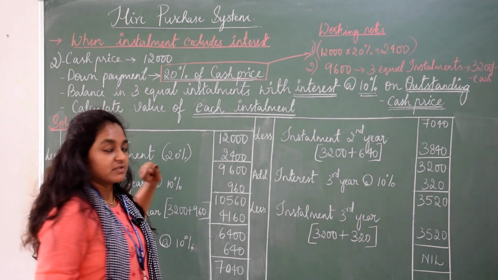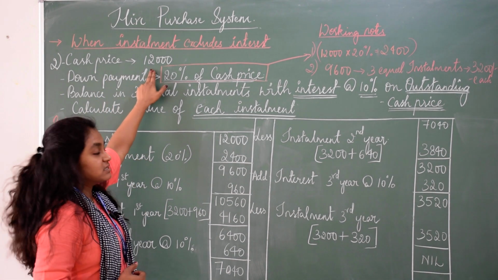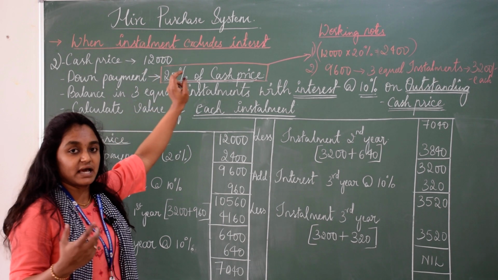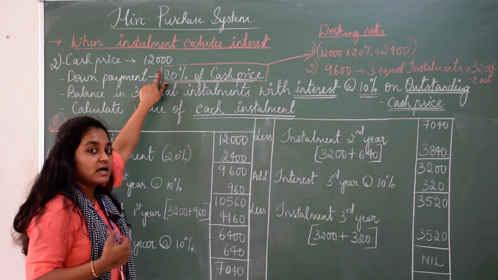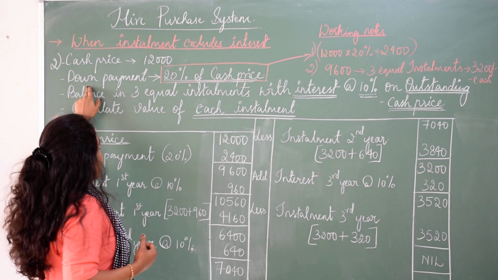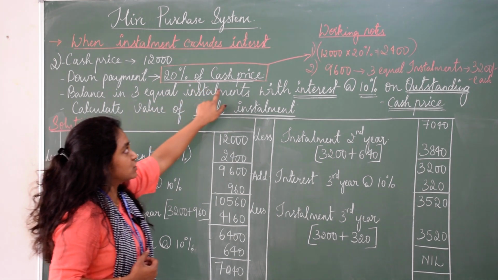So, to start off with the question, they have given the cash price, that is 12,000, for purchasing an asset or a machinery. The cash price or the value that we are spending is 12,000, and the next detail that they have given is down payment. Down payment is 20% of cash price.